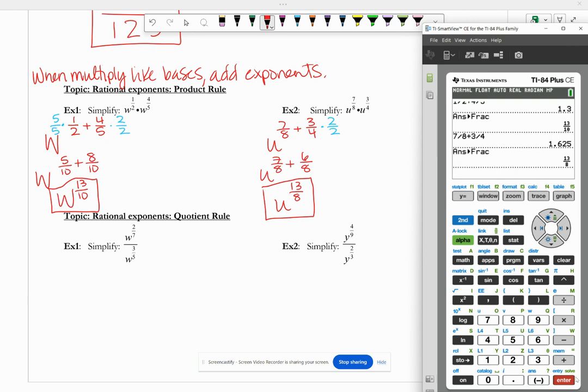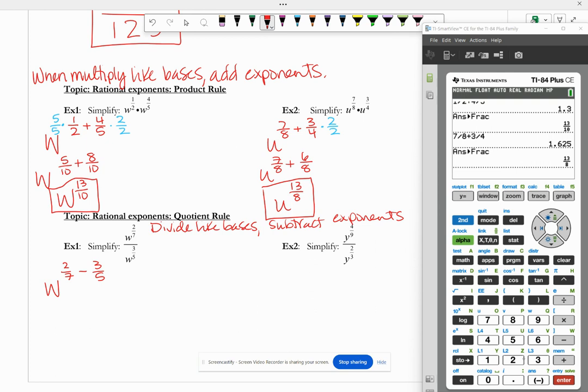In case you aren't kind of thinking ahead, I wonder what'll happen next. Well, if you divide like bases, you subtract the exponents. So for this one, I have both W's. So I have W to the 2/7 minus 3/5. I'm going to save myself some time.